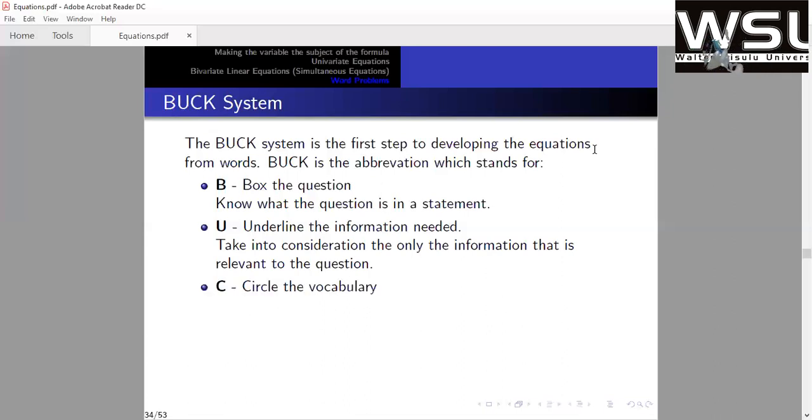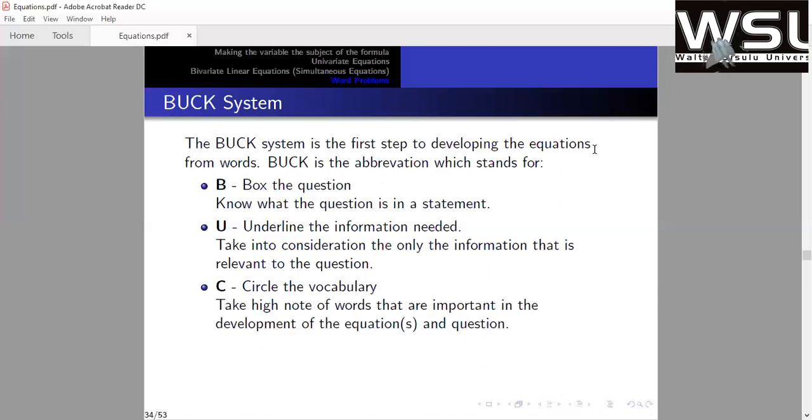And C, to me, is the most important part. You need to circle the vocabulary. You need to know whether or not these particular terms or statements, are you adding, are you subtracting, are you multiplying, are you dividing, or are you doing all?